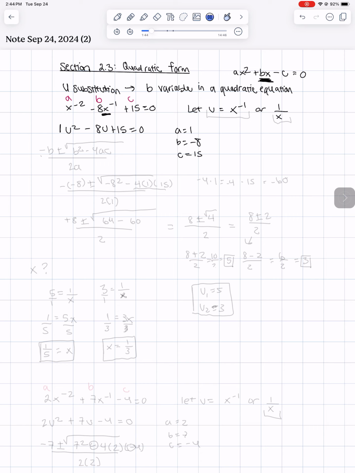So now I'm just going to use my quadratic equation. Well, what is that again? Negative B plus or minus the square root of B squared minus 4AC over 2A.